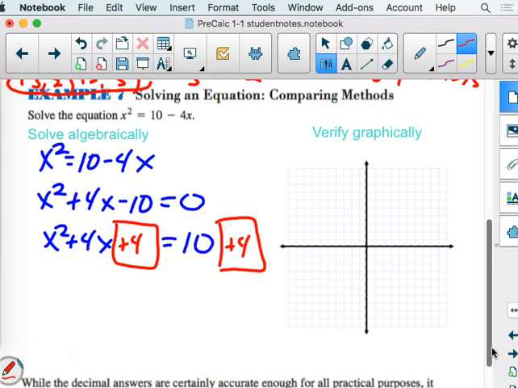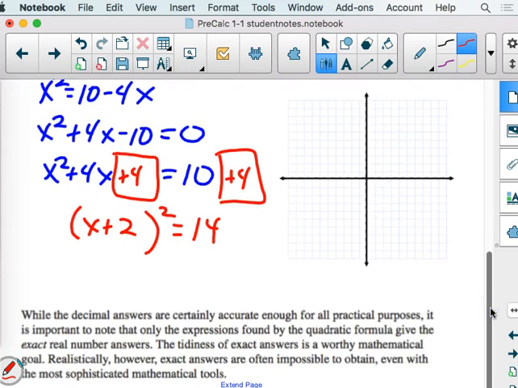See, this wasn't that bad. So what do we write in our parentheses? X plus 2. Then what do we do? Square root. And finally, subtract 2.